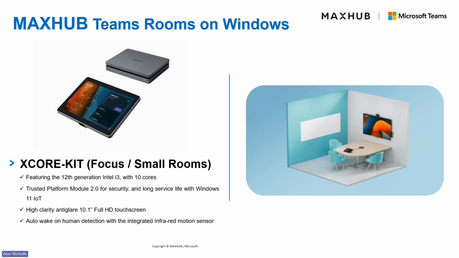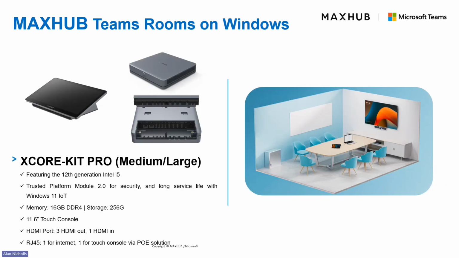Now, when you need a medium to large to custom room, we love to focus on our X-Core Kit Pro. It's going to have the same I/O for your USB devices. We're still going to be able to interact with all kinds of third-party devices, whether you're doing ceiling tile microphones, third-party camera controller kits, any kind of a room control system for lights, TV power blinds, you name it.